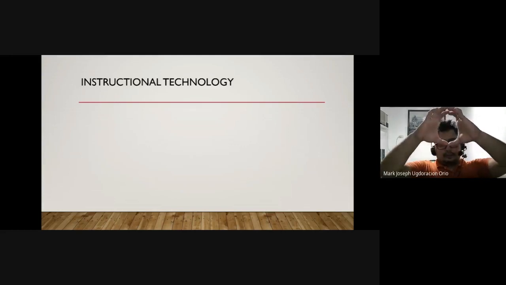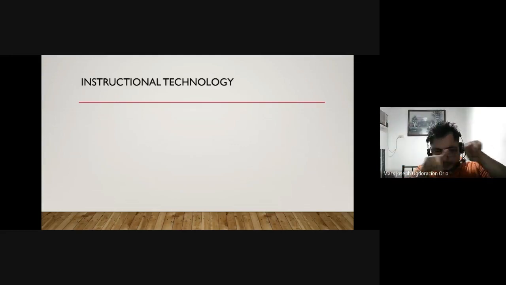If this is EdTech, then in a schematic diagram, instructional technology is a subpart. Instructional technology is a systematic way of designing, carrying out, and evaluating the total process of learning and teaching in terms of specific objectives.